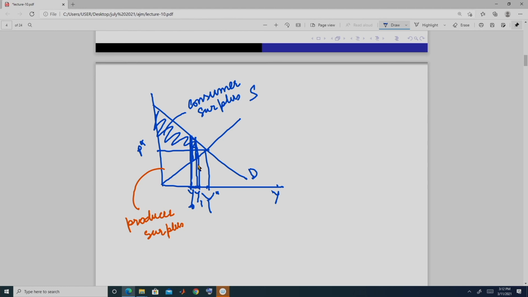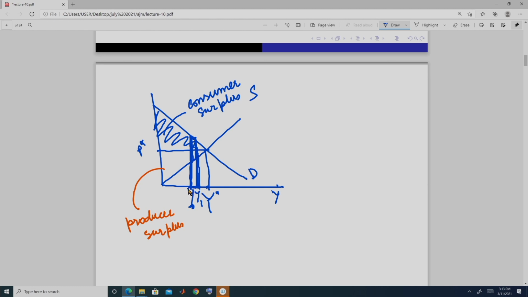Here, this much is the cost and this much is the total revenue, because consumers are willing to pay this amount, and so this into this, this whole the producer can take, because they are willing to pay this whole amount, and this is the cost. So, this much is the surplus.